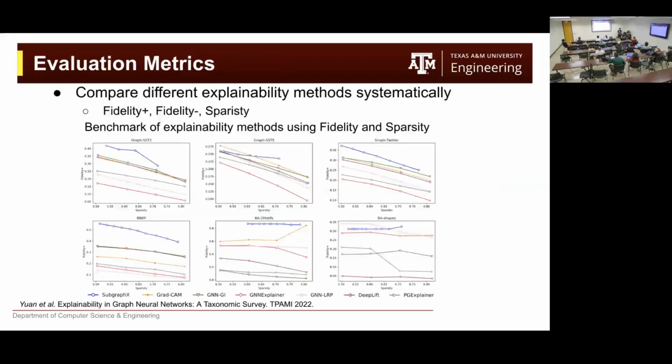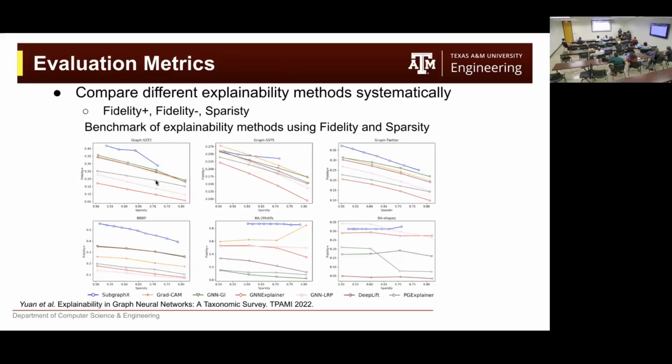To address this problem, we propose some metrics called fidelity plus, fidelity minus, and sparsity. The sparsity is the ratio of the size of the explanation compared to the original graph size. And the fidelity plus is the probability drop when we mask the explanation results.